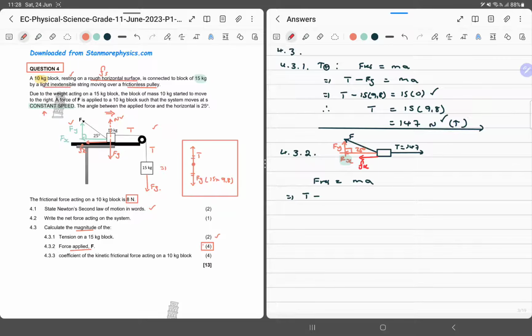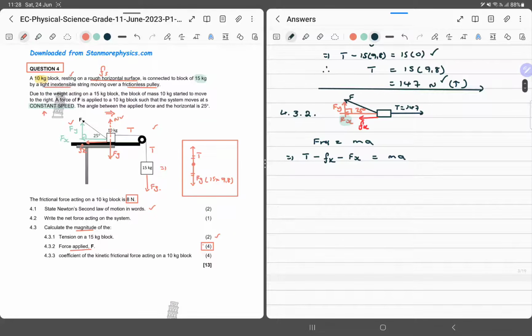So here we're going to have tension minus Fk minus Fx is equal to ma. That is the most important, because we want to use our Fx as a means to an end. This implies that 147 minus, we're told this is 8, minus Fx.